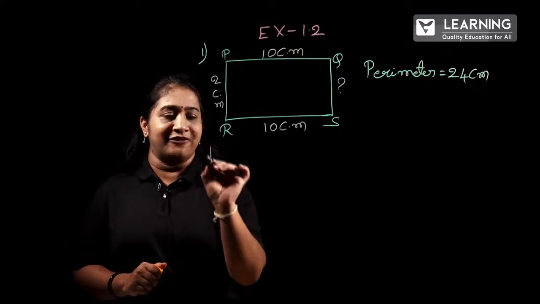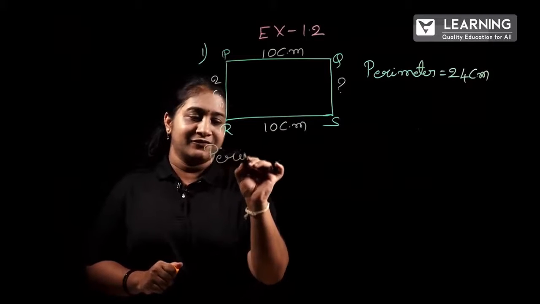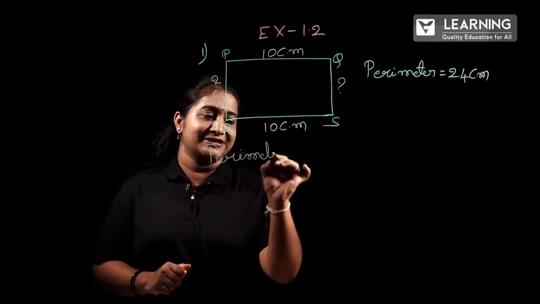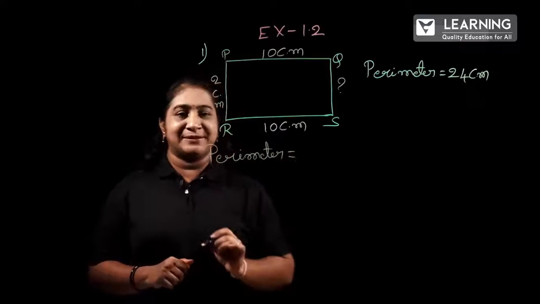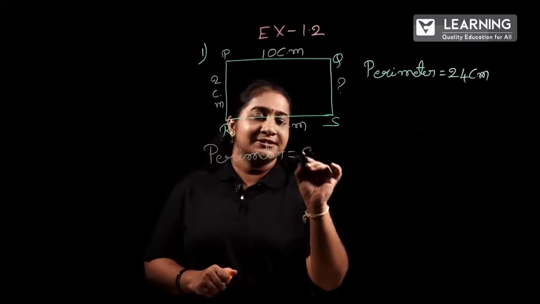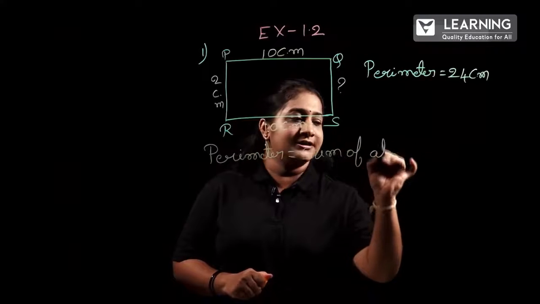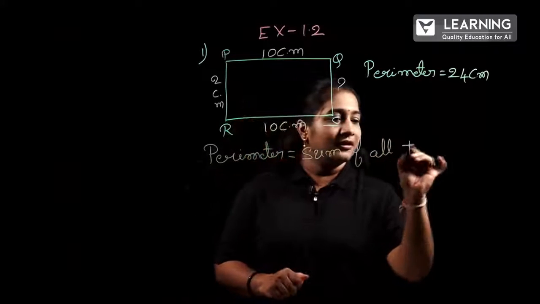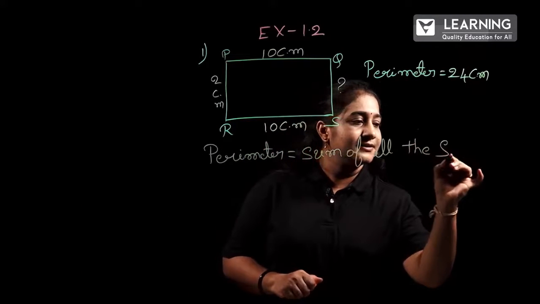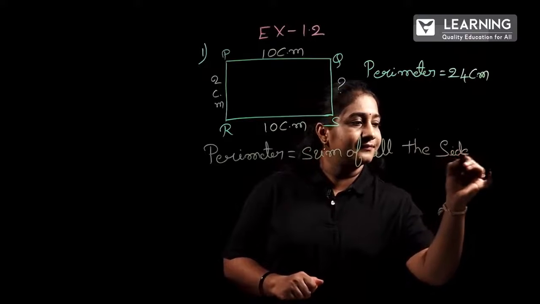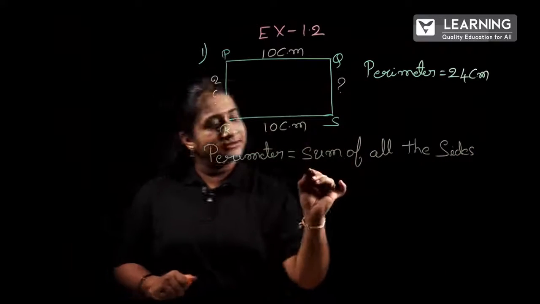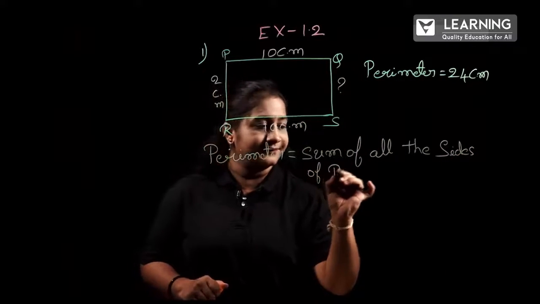So, we know the value of perimeter. First, remember what is perimeter? Perimeter is the sum of all the sides of the rectangle.